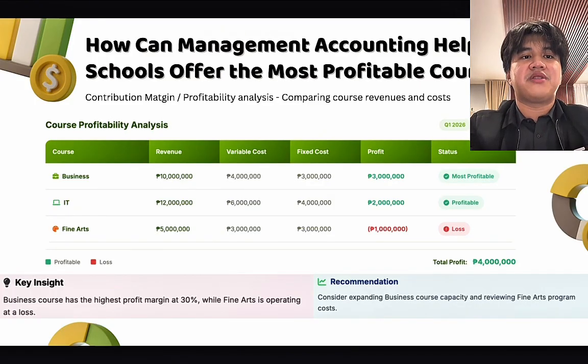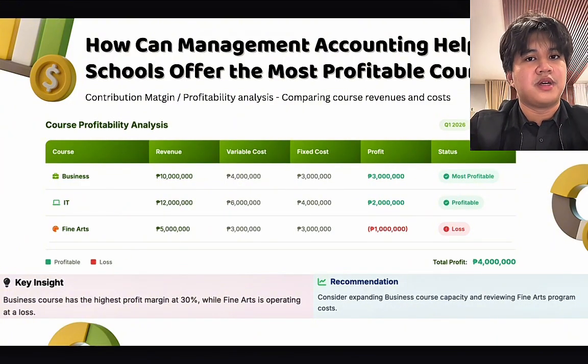The revenue includes tuition fees and other fees generated by the students enrolled in the program. Variable costs are the costs that change depending on the number of students, such as instruction, materials, supplies per student, and software licenses. Fixed costs remain the same regardless of enrollment, such as faculty salaries, maintenance, and department overhead.